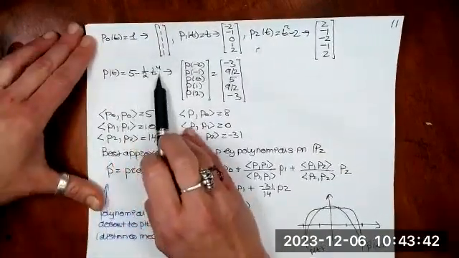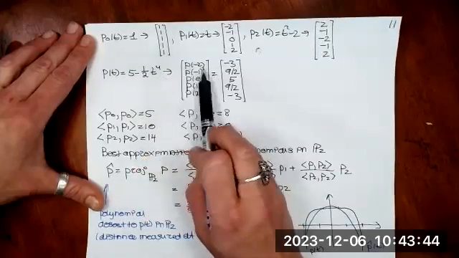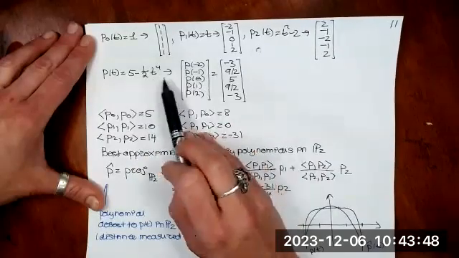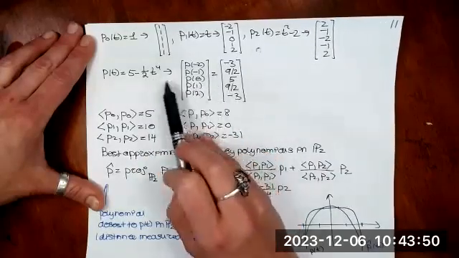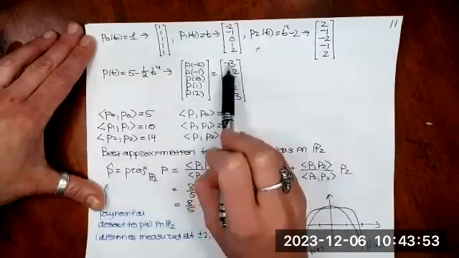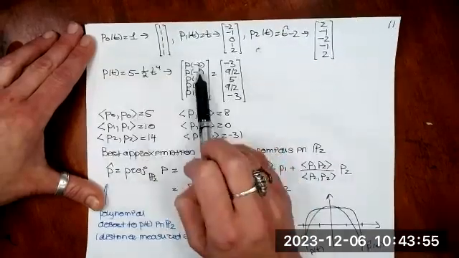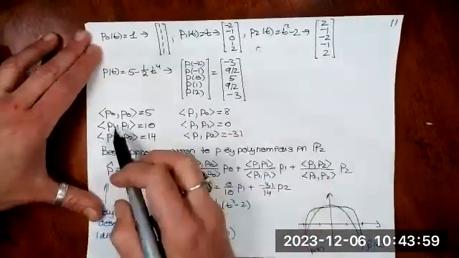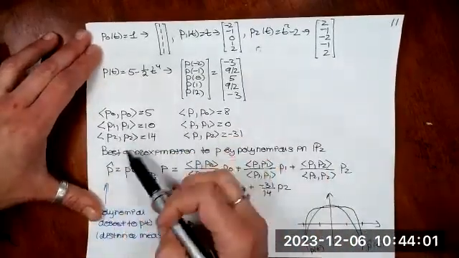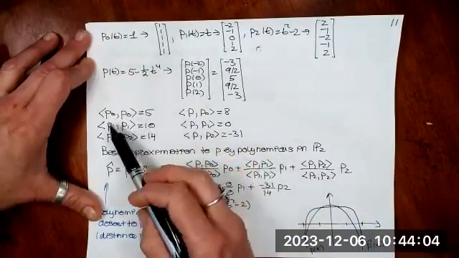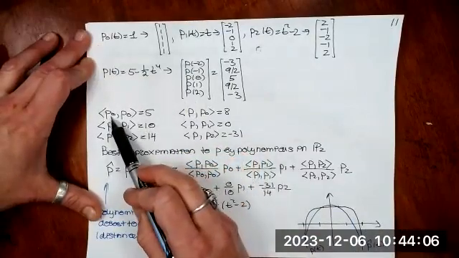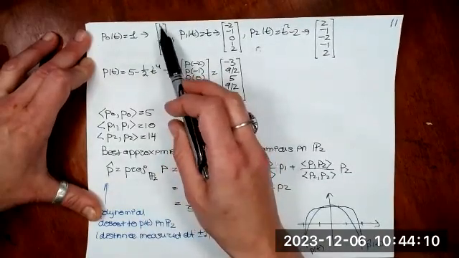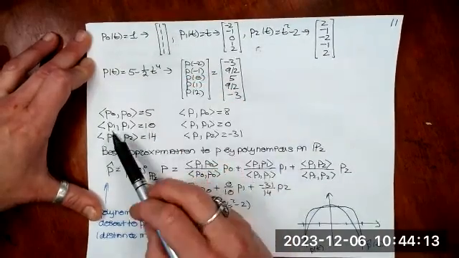So I have 5 minus 1/2 t to the 4th, evaluated at -2, at -1, at 0, at 1, and at 2. Those are just values of P evaluated at those points. Then when I do my inner product, I'm just doing dot products. So P naught and P naught would be this vector dot itself. So 5.